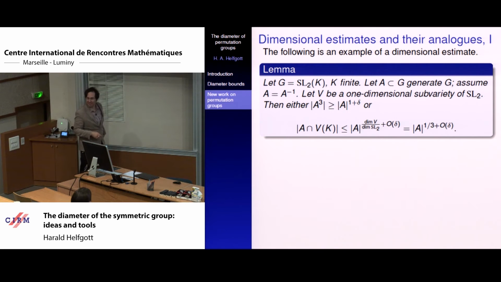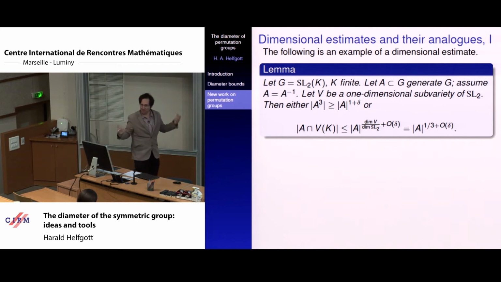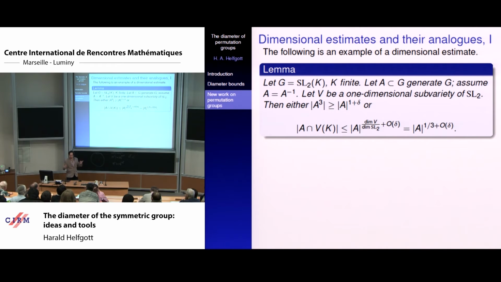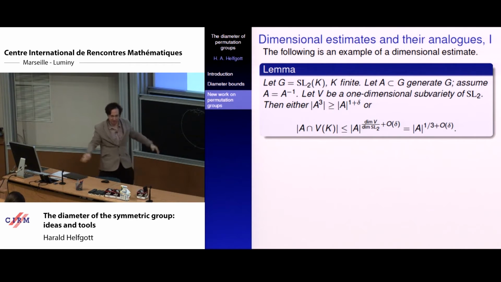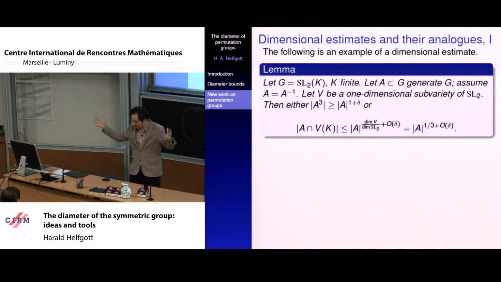This is saying that any set A that doesn't grow much will have to be like a blob, not like some sort of unspeakable fractal thing or a line or what have you. It's not flat either, it's a blob.